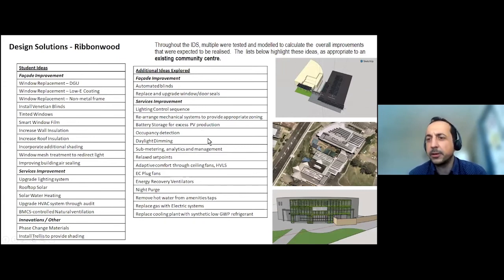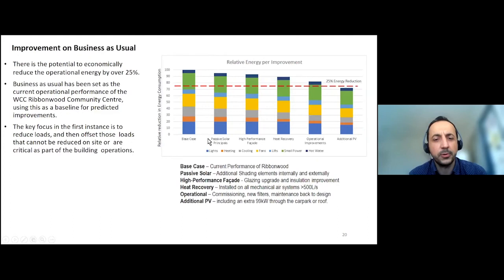That proved to be a very valuable output. And we also looked into what is the best pathway to go beyond at least a 25% energy reduction compared to the base case. And there was a pathway there that also involved additional PV installation in the building.